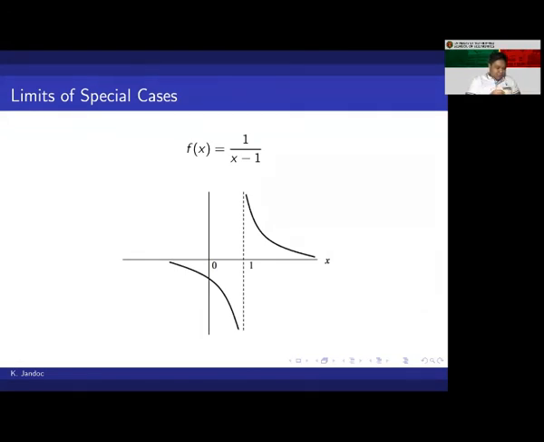If you approach 1 from the left, closer and closer to 1, this function decreases to negative infinity without bound. If you approach 1 from the right, this function increases without bound. So this limit as x approaches 1 does not exist.